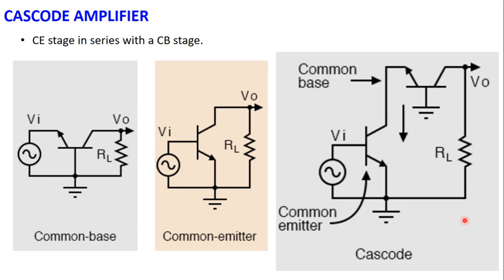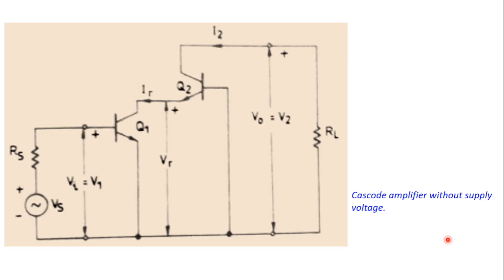The input voltage will be applied at the input of the common emitter stage, the first stage, and the output will be taken at the output of the second stage, that is the common base stage.